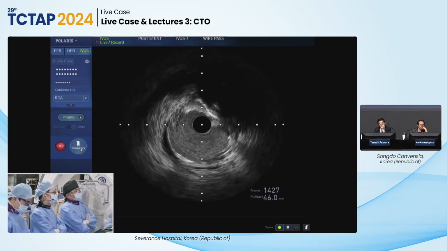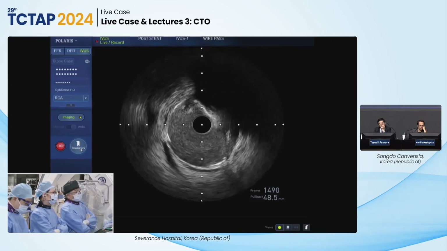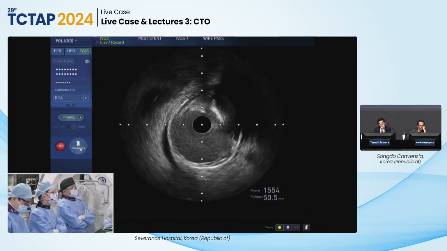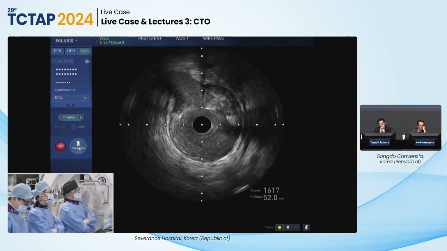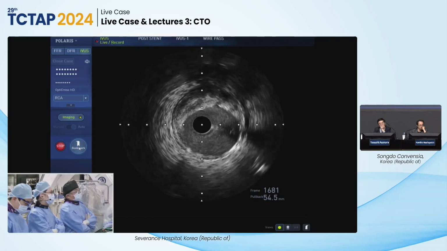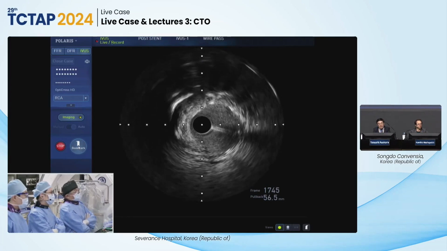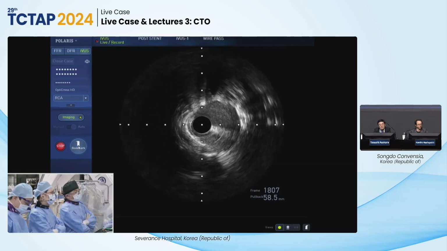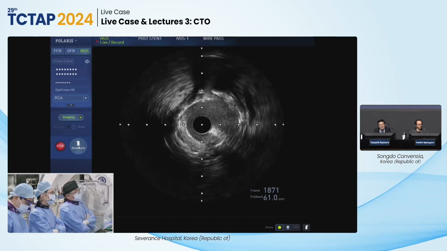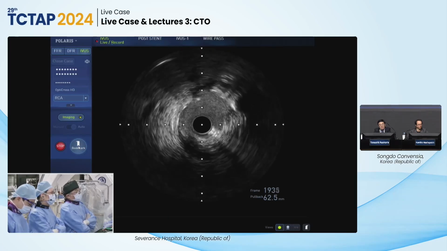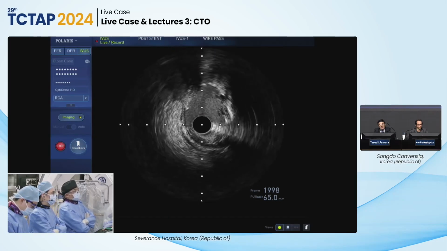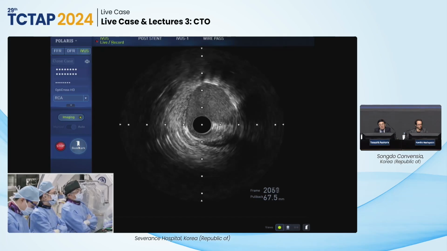So we should discuss whether we treat this portion or not. But in my opinion, it is a diffuse disease segment and there was no flow limitation. But sometimes the follow-up angiogram is helpful to decide whether to treat the distal RCA.